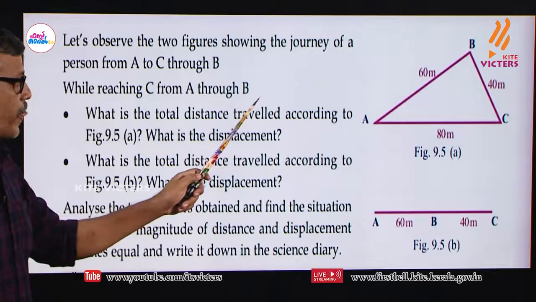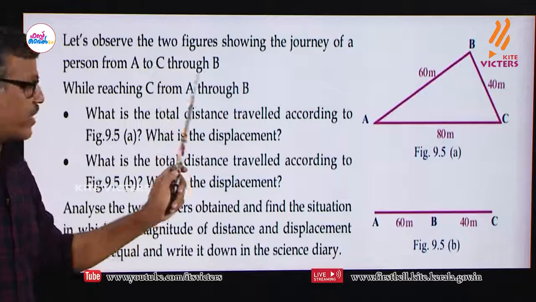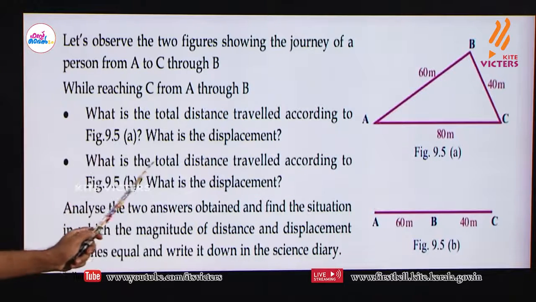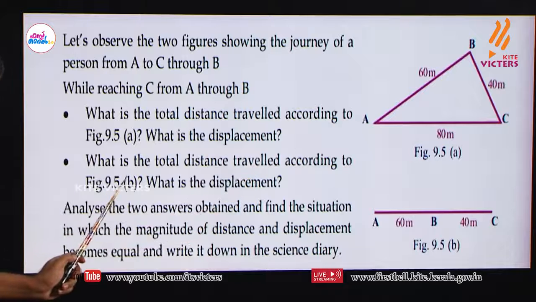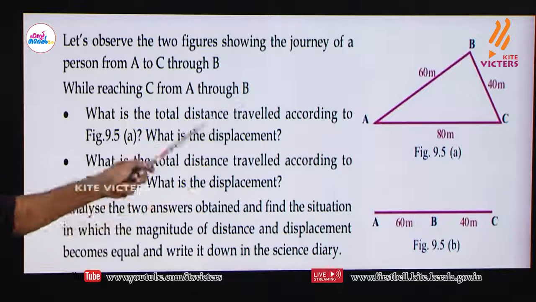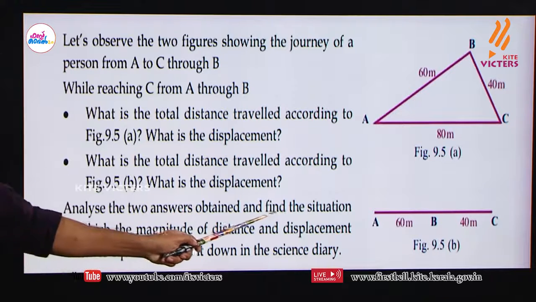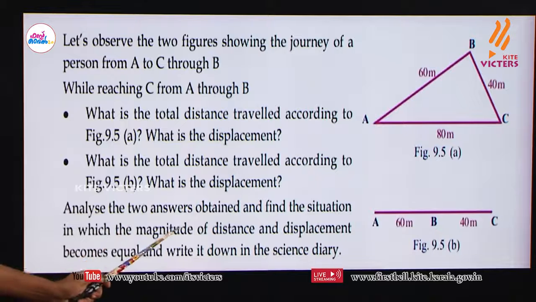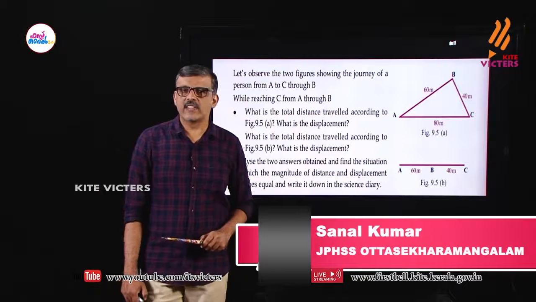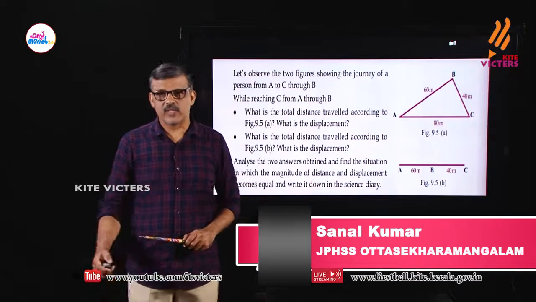Second, what is the total distance travelled according to B and what is the displacement? Finally, analyze the two answers. From the two answers, find the situation in which the magnitude of distance and displacement becomes equal and write it down in your science diary. Okay, please answer these questions and submit to your teachers.